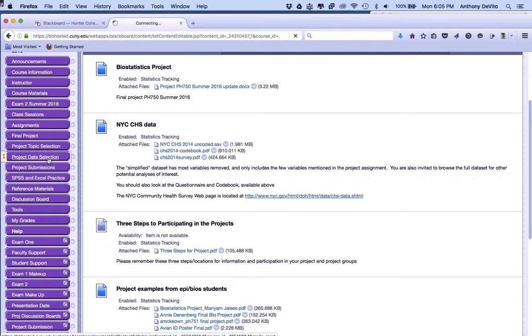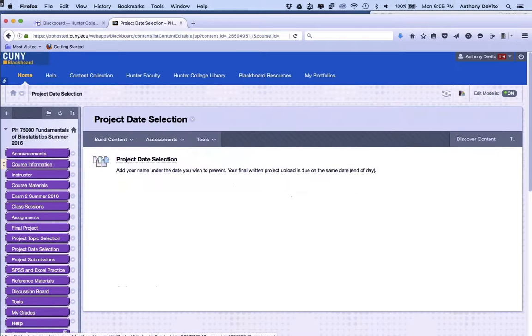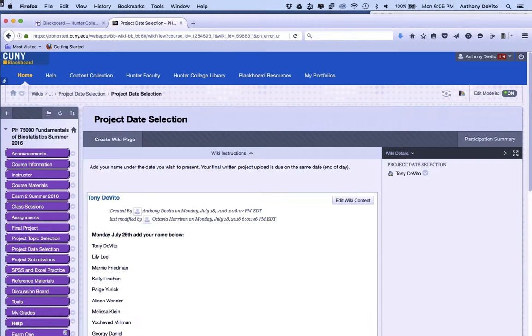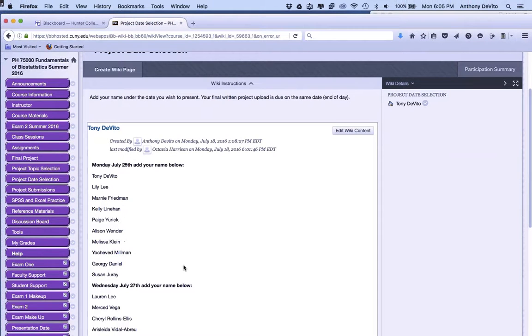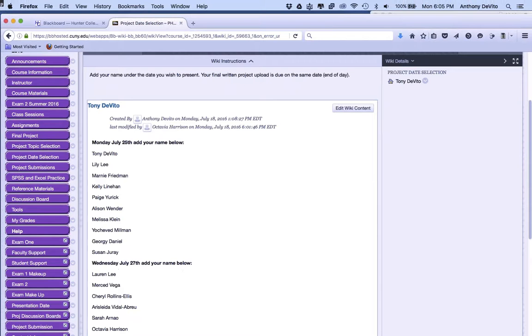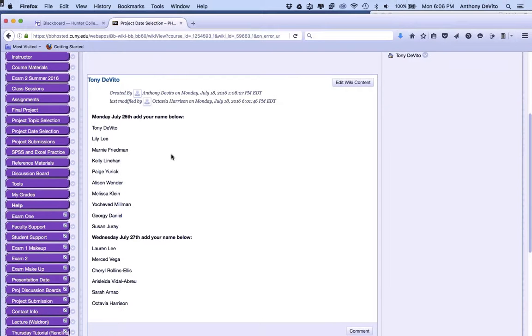Next is project date selection. And you can click into there, and this is what you call a wiki. Okay, now I put a wiki up before, and this time you got the right idea. The last time I put a wiki up, you added comments to it instead of actually changing the document itself, right? So this time I communicated it a little bit better, I think.